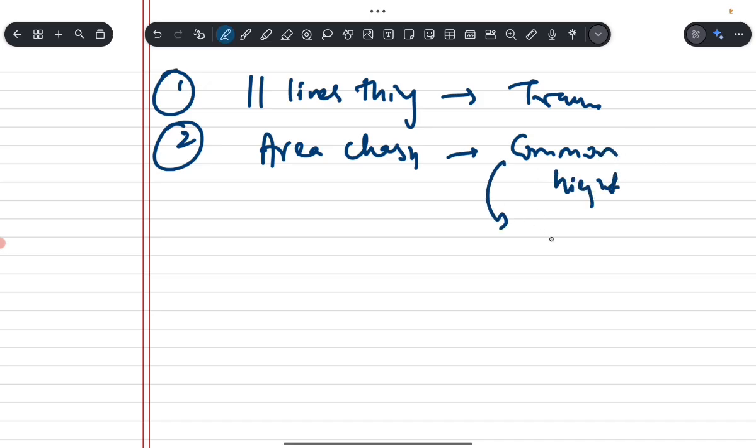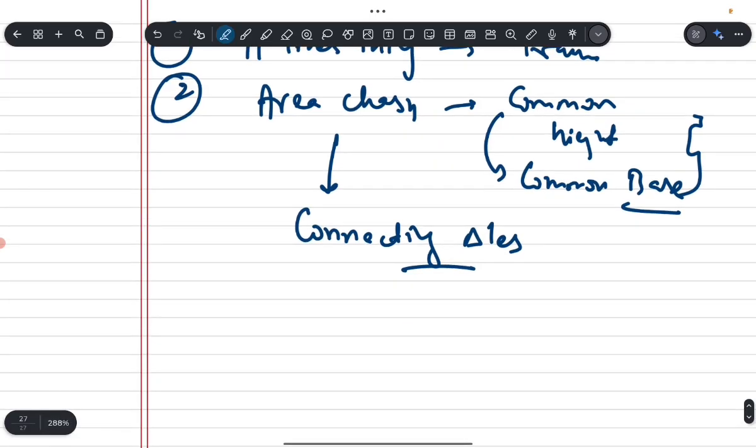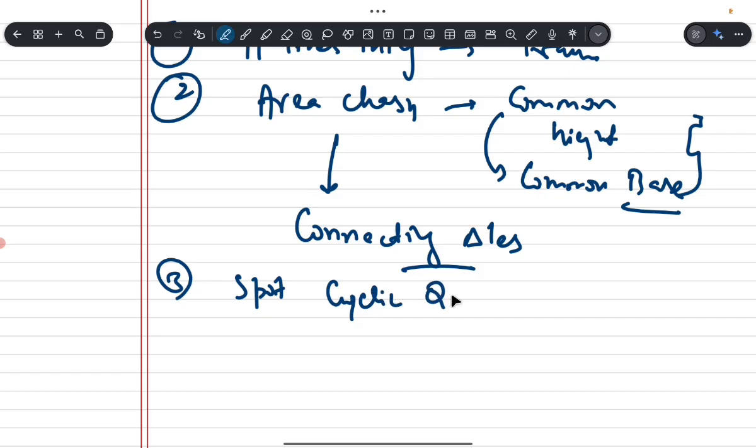And we also learned that there can be a common base as well from that problem. Apart from that, we also learned to find connecting triangles if we cannot find a common height or common base. Right? And apart from this, of course, we learned how to spot cyclic quadrilaterals. That was it for today's session.